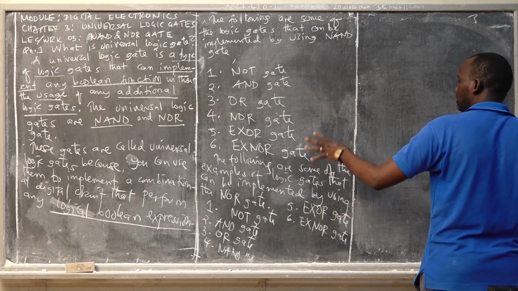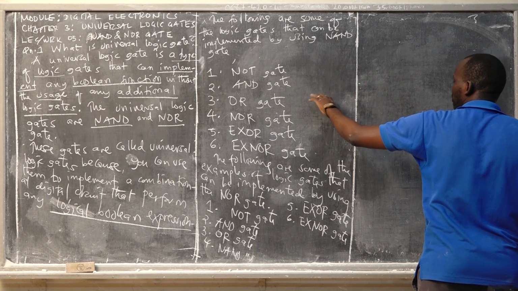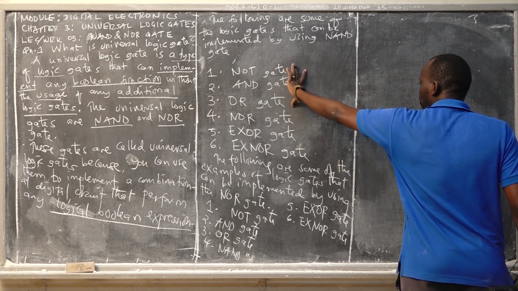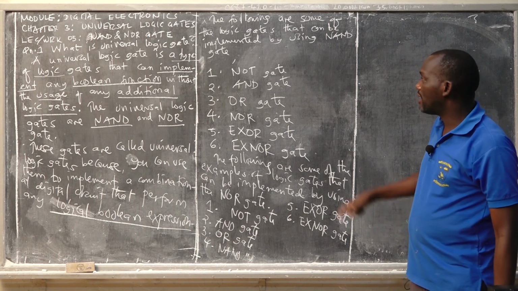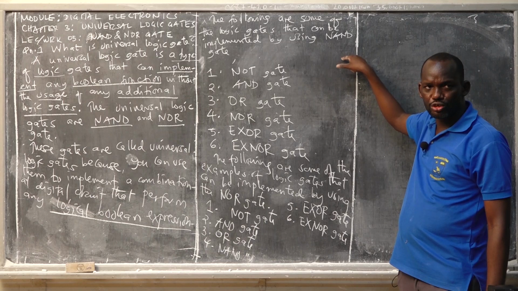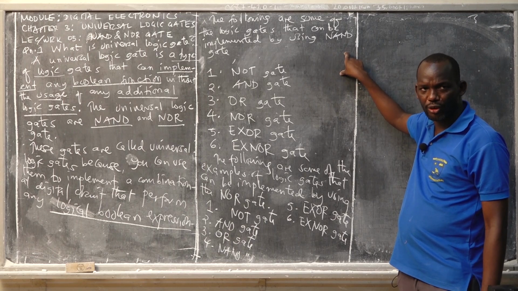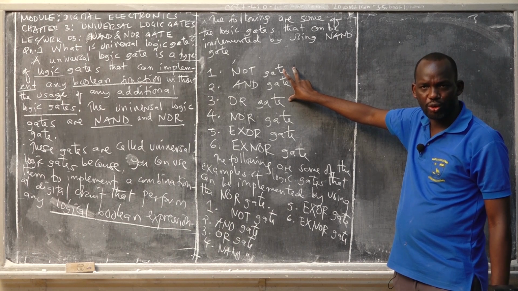So from this description, once you have a NAND gate, either 1 or 2 or 3, depends, or 4 or 5, you can implement the 3 basic logic gates. Right?